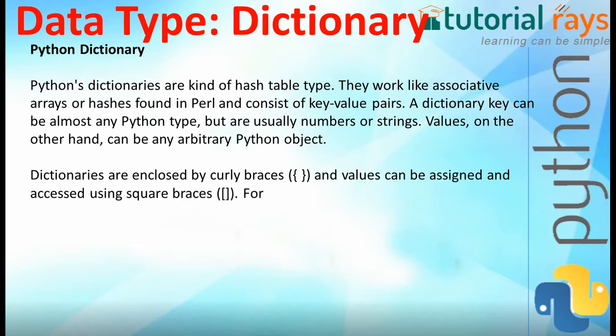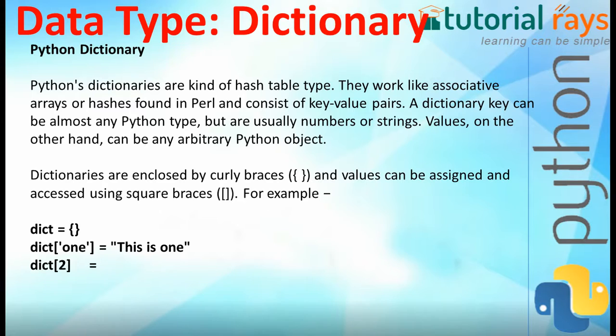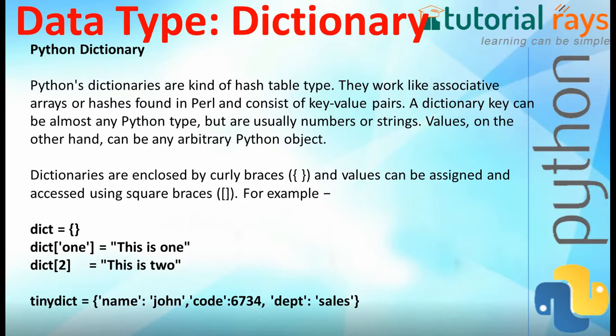A dictionary key can be almost any Python type, but is usually a number or string. Values, on the other hand, can be any arbitrary Python object. Dictionaries are enclosed by curly braces. So in case of list, it was enclosed with square brackets, in case of tuples, it was enclosed with parentheses, and in case of dictionary, it is enclosed with curly braces, and values can be assigned and accessed using square brackets.